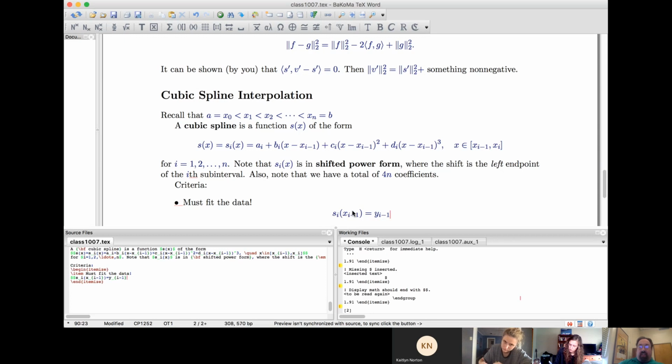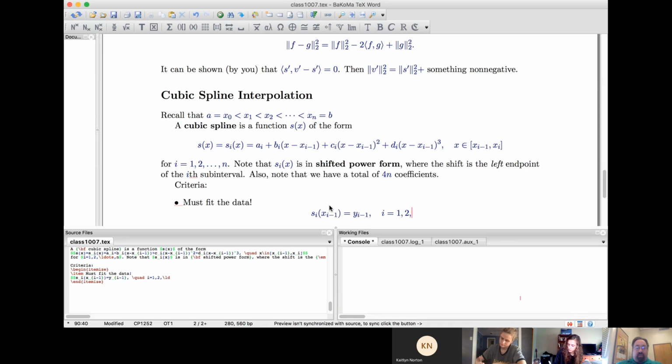If I plug in the left endpoint for each piece, then it must equal the y value at that same point. And this is true for i equals 1 up to n.